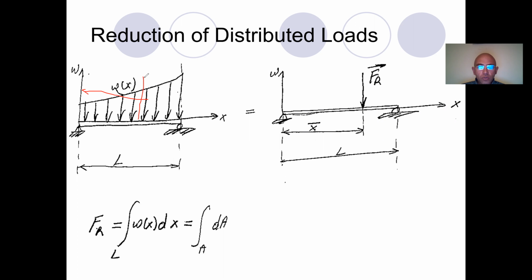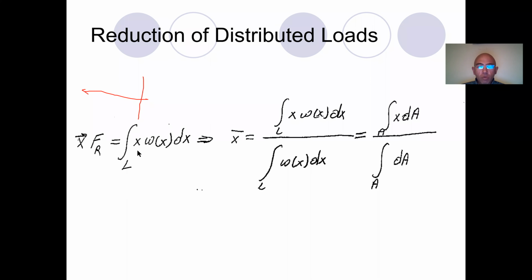In fact, the magnitude is wx, and the moment generated by this force is x multiplied by wx.